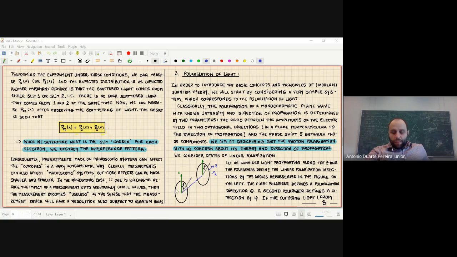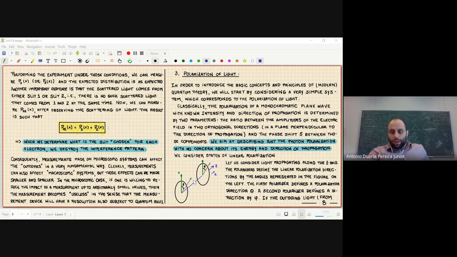If I want to pass light through this polarizer, there will be a direction theta. This direction in gray here is the direction of the polarizer. When I pass light through here, I say that light is polarized in the theta direction.